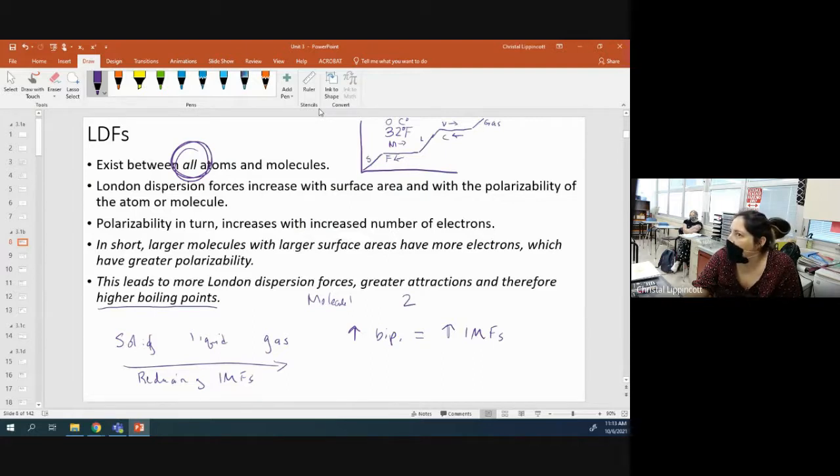The difference is, are you pumping energy in to reduce the IMFs, or are you removing energy from that system to increase the IMFs? Endothermic and exothermic? Yep, endothermic and exothermic. If you are putting energy into the system, it's endothermic. So melting is endothermic because we're adding energy in.